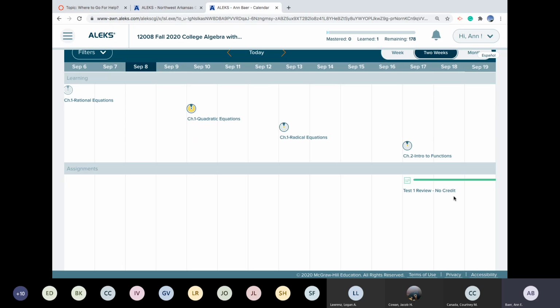I like to offer that assignment just in case you have not completed all the topics in every objective. This will really help you review for the test because you will find that for test 1, I will select from the topics in this test 1 review no credit assignment. So that's very important. It makes it easier, less to be concerned with when it gets closer to test time.